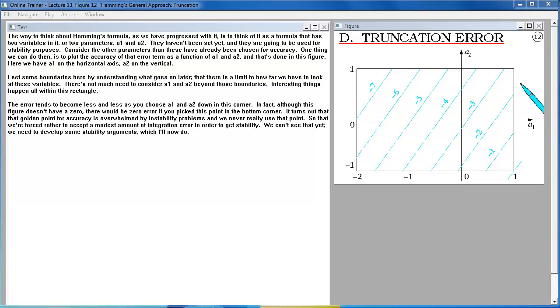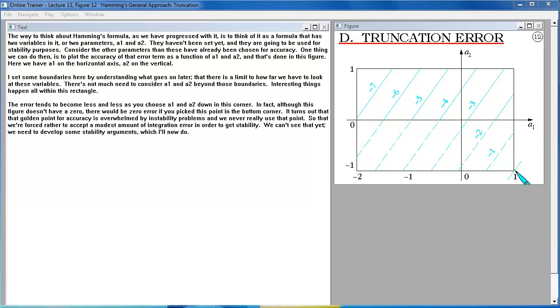Here we have A1 on the horizontal axis, A2 on the vertical. I set some boundaries here by understanding what goes on later, that there's some limit to how far we have to look at these variables, and there's not much need to consider A1 and A2 beyond those boundaries. Interesting things happen all within this rectangle. The error tends to become less and less as you choose A1 and A2 down in this corner.